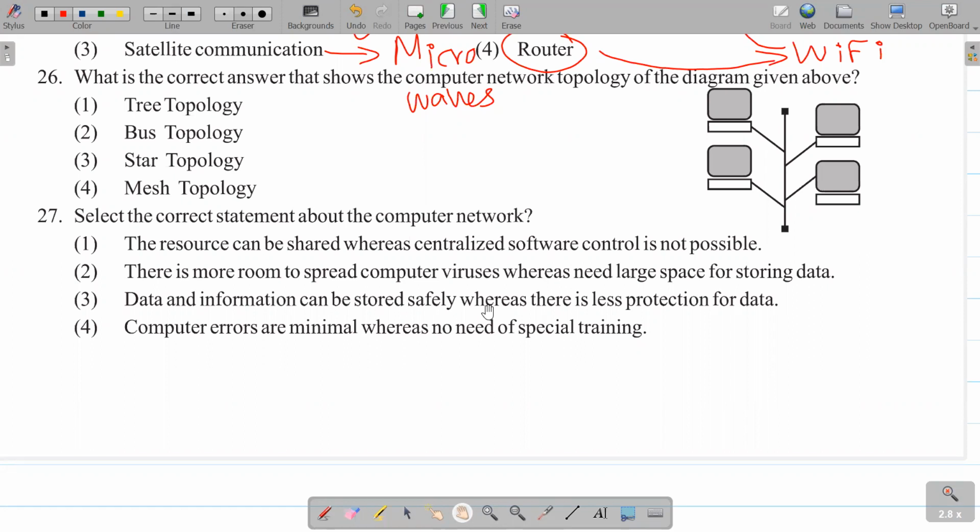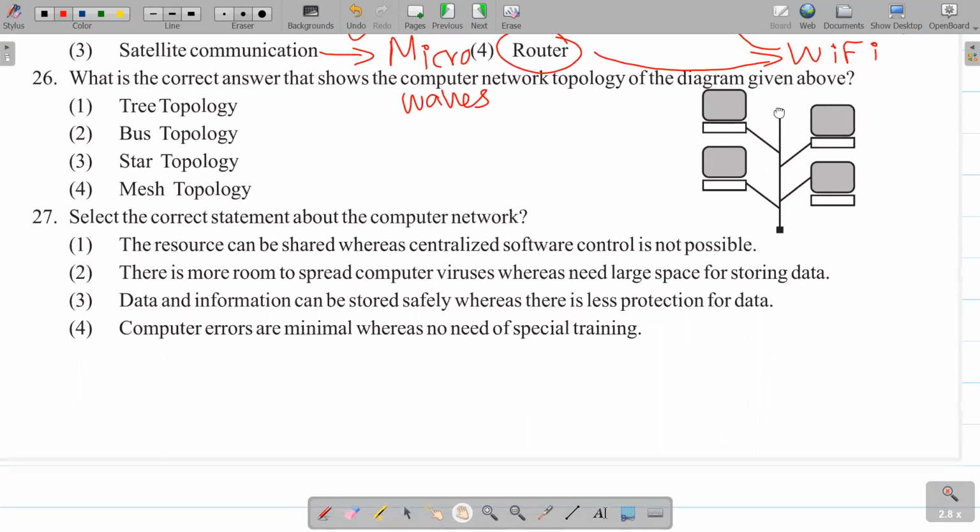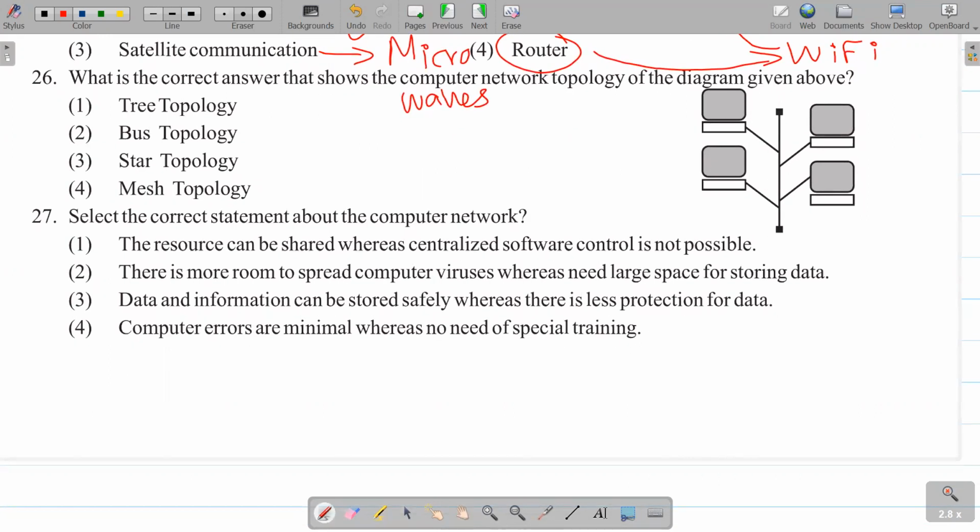Right. So now, this diagram looks like a tree, but it only looks like that because it has a main bus. It has a main bus over here, then it is connected with the nodes. So this is a bus topology, people, not the tree topology. Tree topology means what?